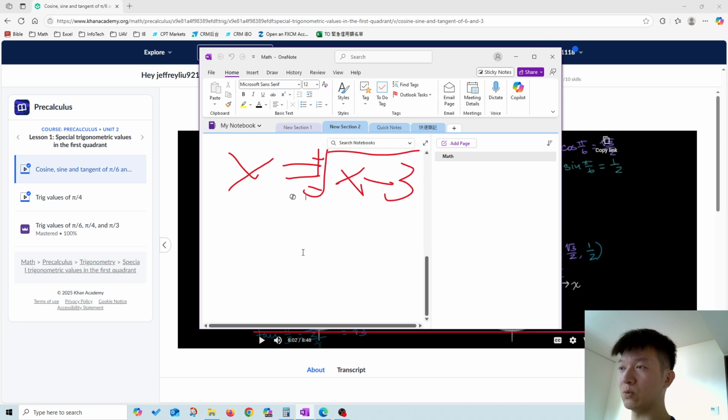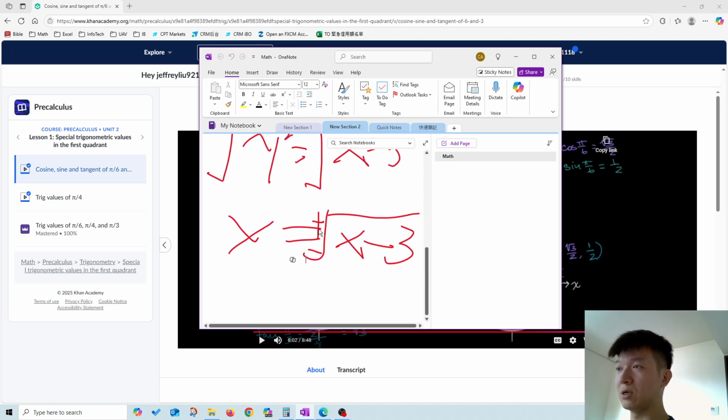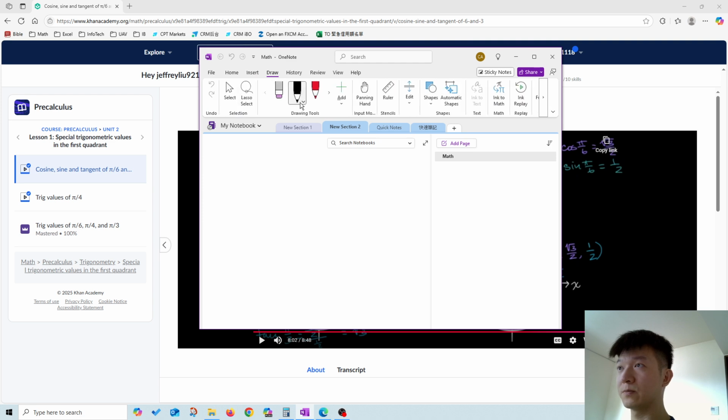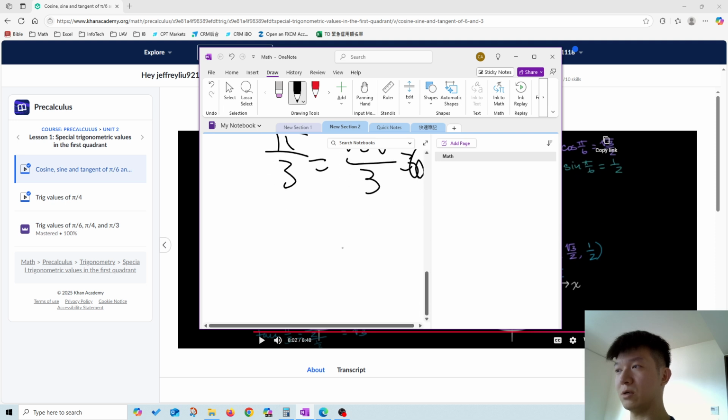That gives you the 180 that a triangle needs. So pi over 3, which is 180 divided by 3, equals 60.